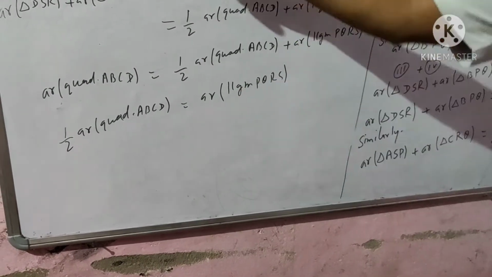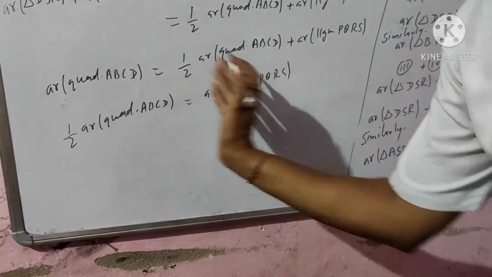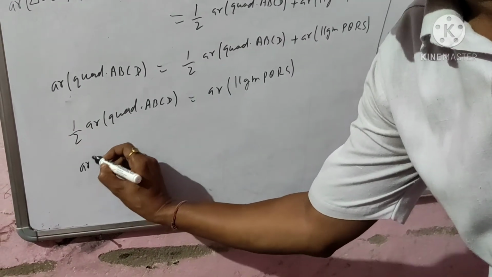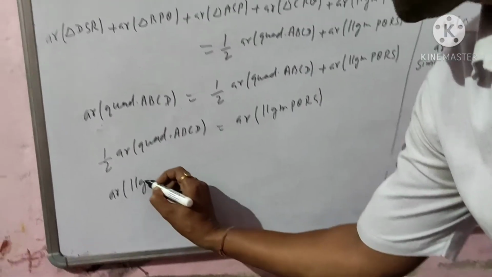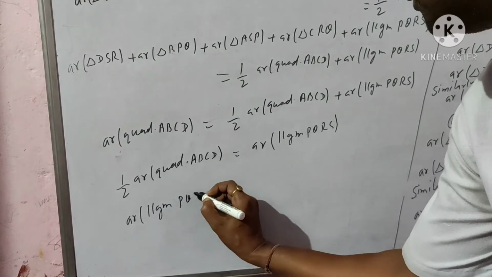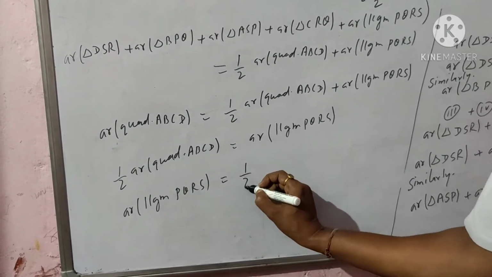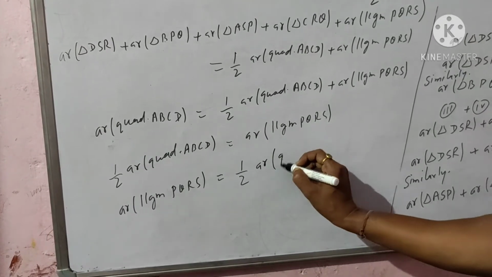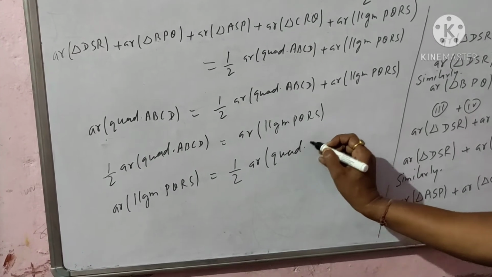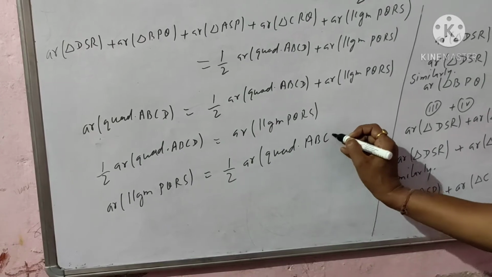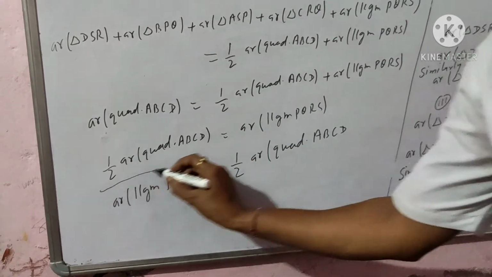So this is your final result, student. Arranging it, we can write area of parallelogram PQRS is equal to 1 by 2 area of quadrilateral ABCD. This is your proof.